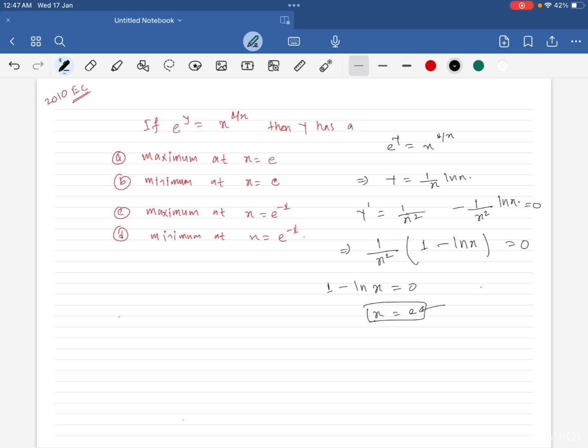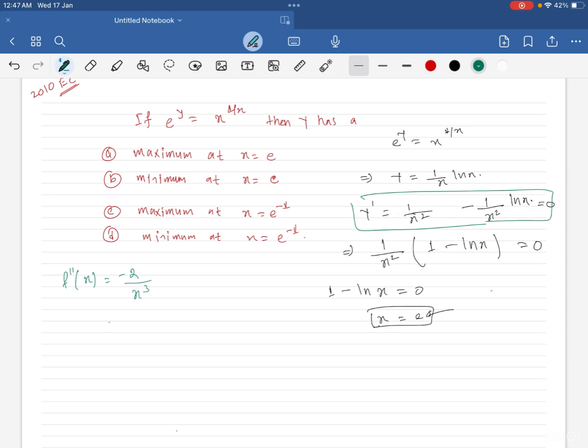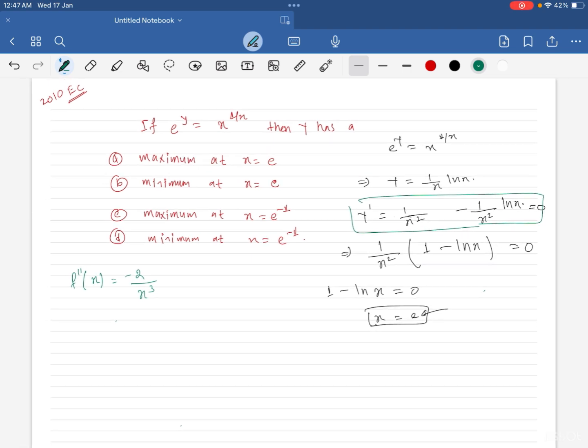Now we have to check whether this is our maxima or minima point. For that we will have to find the double derivative, right? So the double derivative with respect to x will be minus 2 divided by x cube, and taking this minus outside, the derivative of ln x is 1 by x, so we will have 1 divided by x cube, minus 2 divided by x cube ln x.